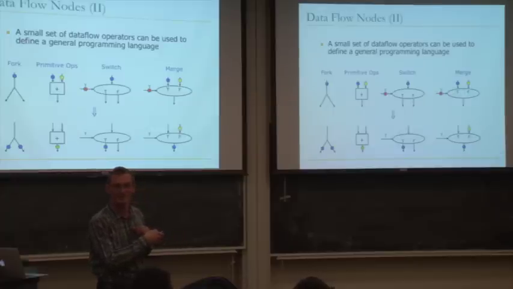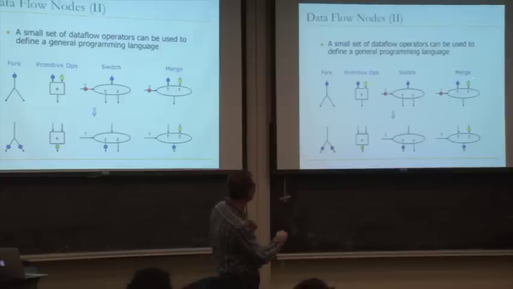Make sense? Well, I guess this is an interesting case, right? You can imagine you have a control input and you have two data inputs, and depending on the value of the control input, you pick one of the data inputs to pass as the output token.